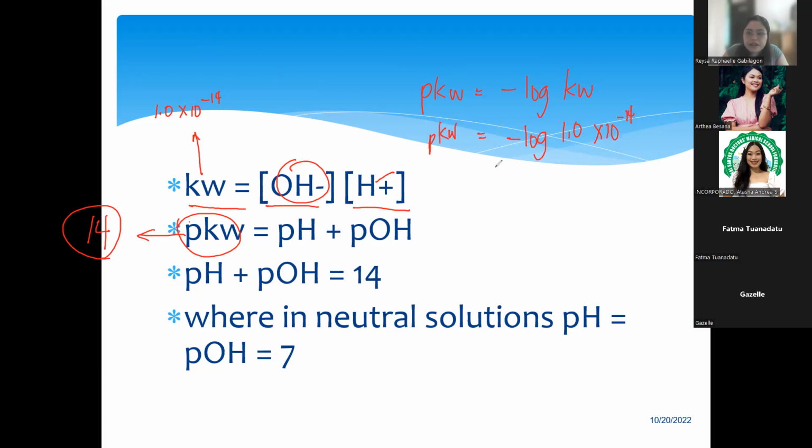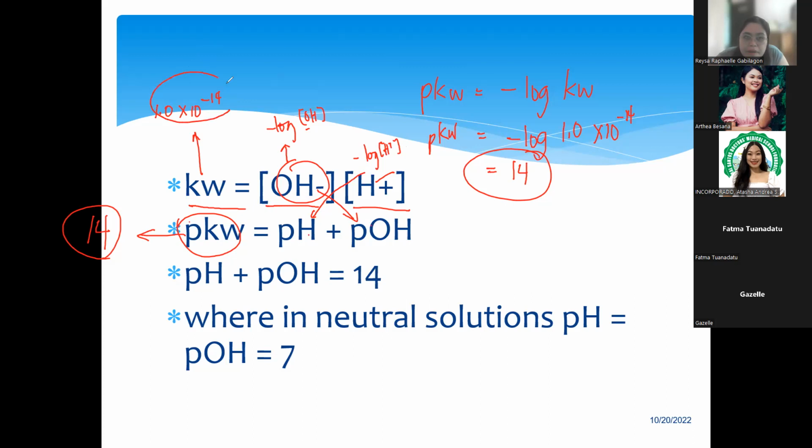I-try nyo sa calculators nyo, you will get 14 class. Okay, that's for the pKw. So remember, pag in-negative log din natin ito ng OH, you will get the pOH. And if mag-negative log of the hydrogen ion concentration ka, you will get the pH. So pH plus pOH, you will have the pKw.